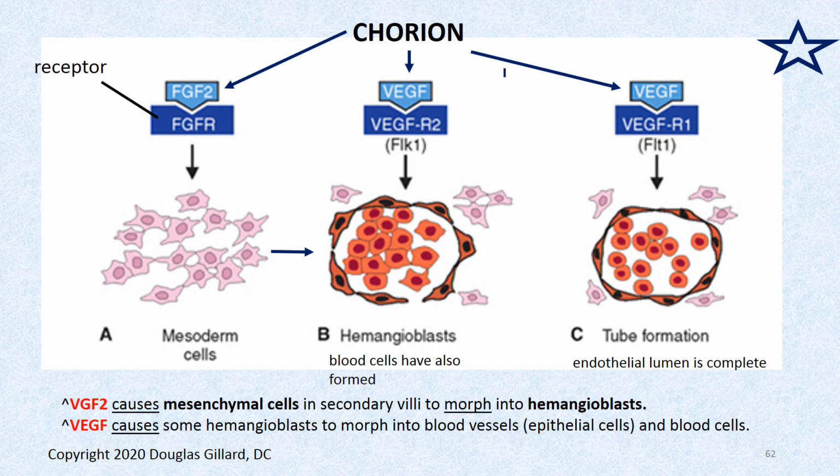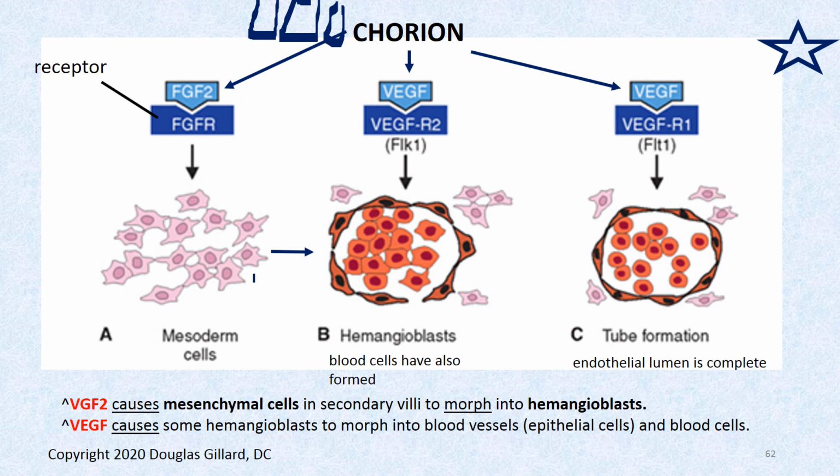All right, so here's kind of an overview. So there's the chorion, and of course the chorion would have all these cells here. And the chorion first secretes VEGF2, and we won't worry about the receptor, but it causes those mesenchymal cells to morph into hemangioblasts.